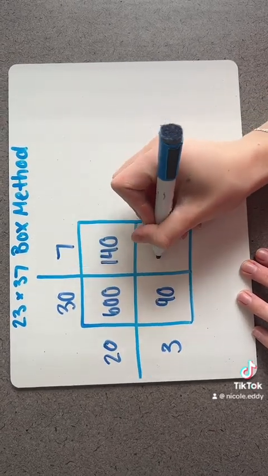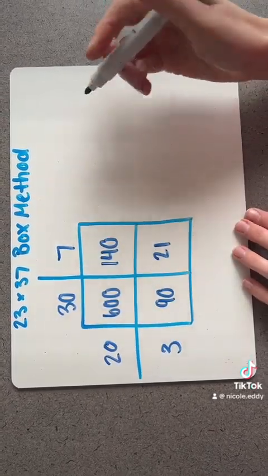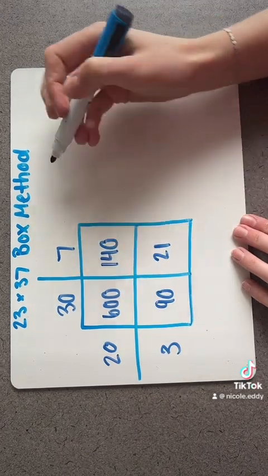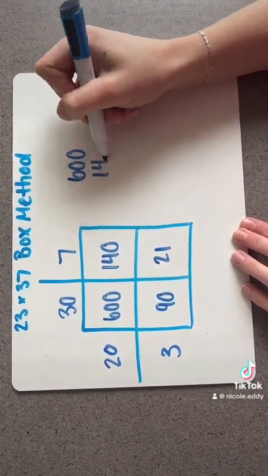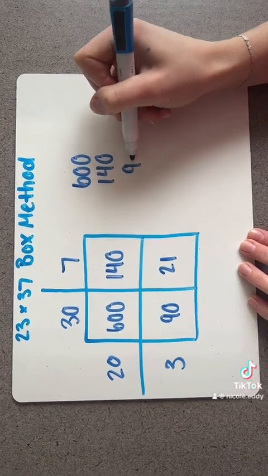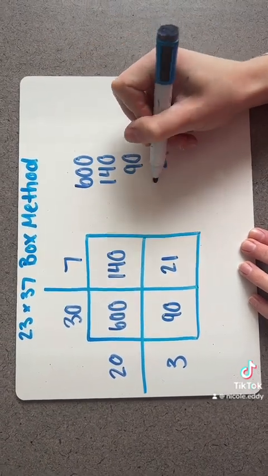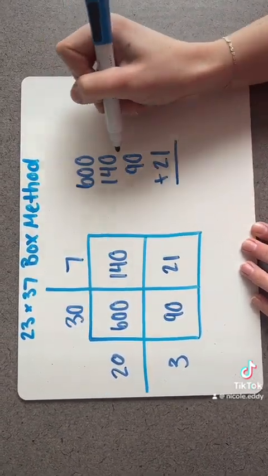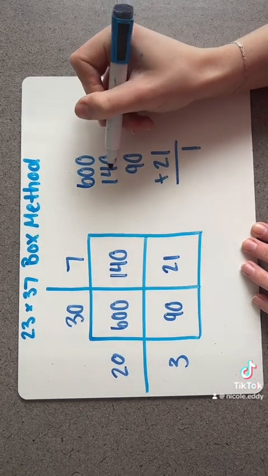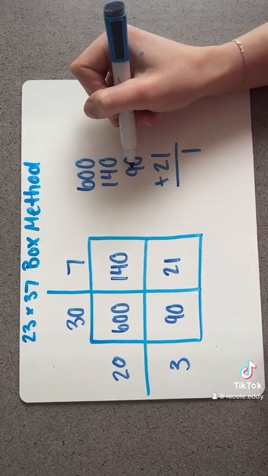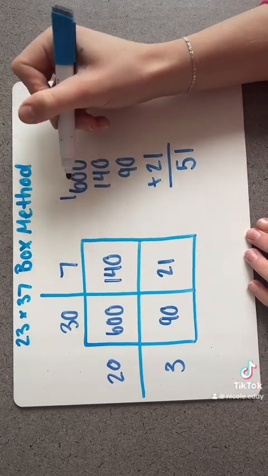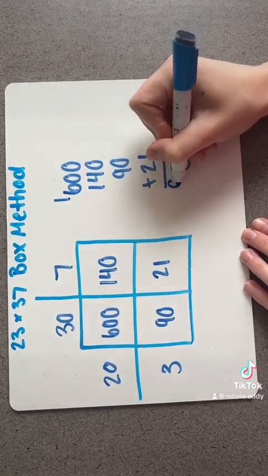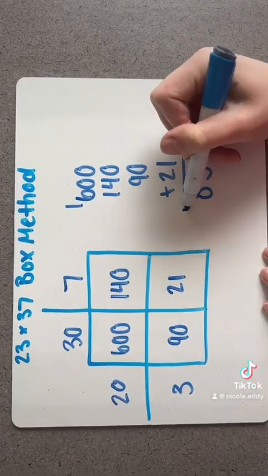And 3 times 7 is 21. And then off on the side here, we're going to take all of these numbers and add them up. So 600 plus 140 plus 90 plus 21. So 0 plus 1 is 1. 9 plus 4 is 13 plus 2 is 15. Carry our 1. 6 plus 2 is 8. 851.